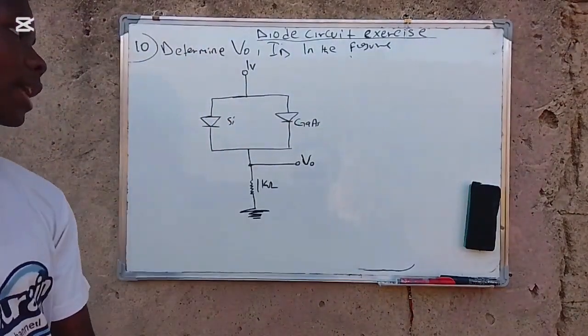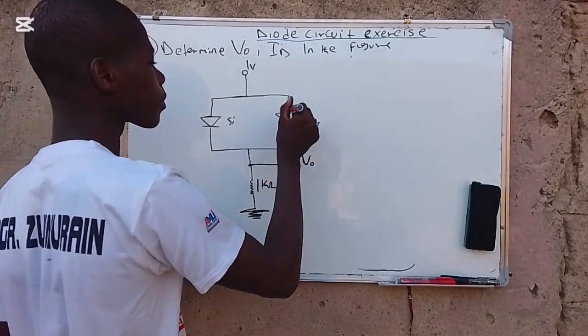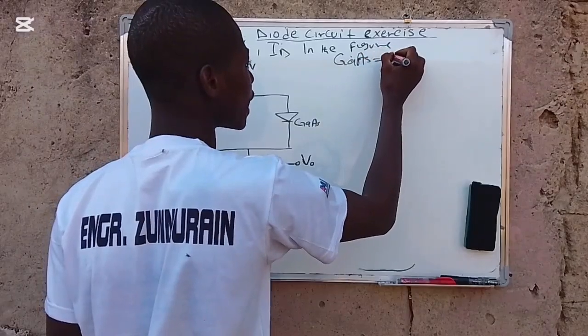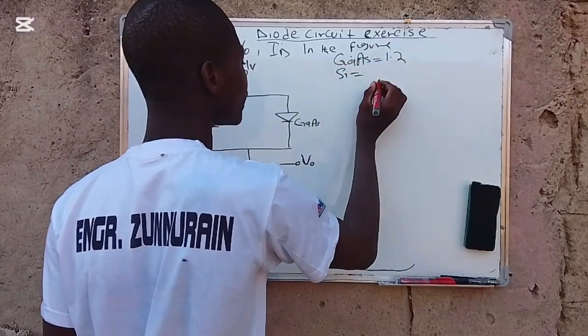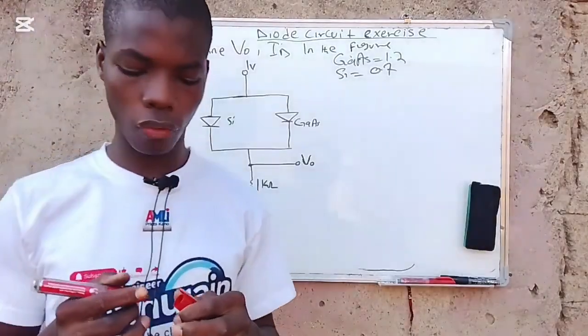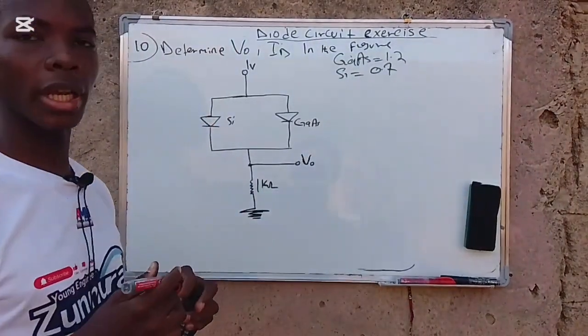We have gallium arsenide and silicon. As we can see, this is the gallium arsenide, which is 1.2, and the silicon diode is 0.7. So which of the diodes is on or off, or are they both on or both off?